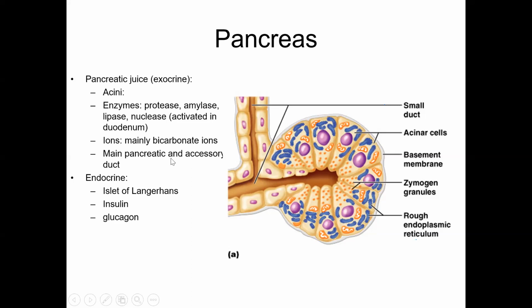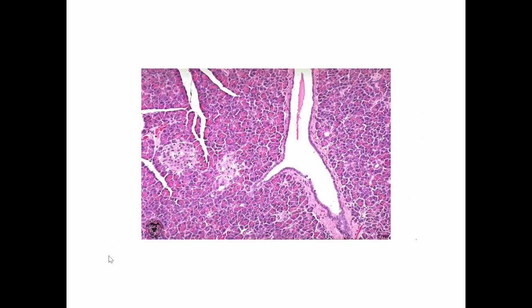The duct system is used to transport enzymes and bicarbonate ions into the small intestine. This is another histology picture of the pancreas. These are the islets. These are acinar cells for enzymes and bicarbonate ions.